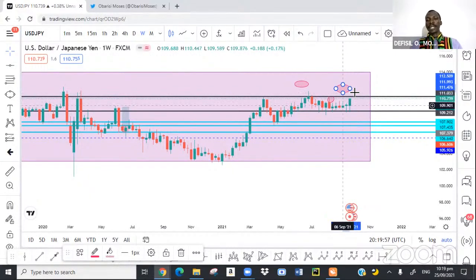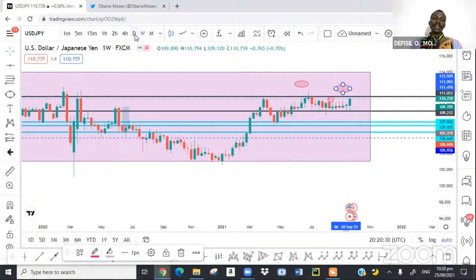If by peradventure it comes down, we will also wait for the same thing. Since it's constantly pushing downwards, we will look for the same thing, trading below this area, doing a retest before we consider our selling position. So that's it on the weekly time frame.